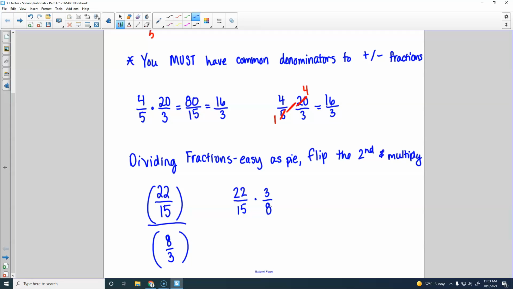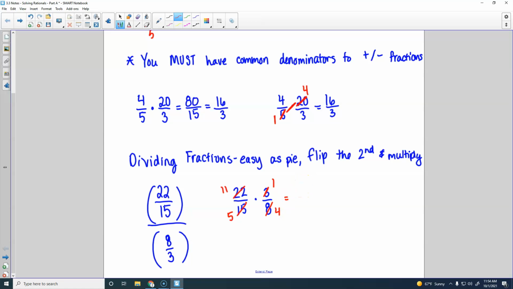This one's definitely one you want to reduce before you multiply it together. So whenever you do this, 5 will go into 15, and 3 will go into 15 and 3. So you could make this 5, and you could make this 1. And then 2 goes into 22 and 8. So we could make this 11, and we could make this 4.